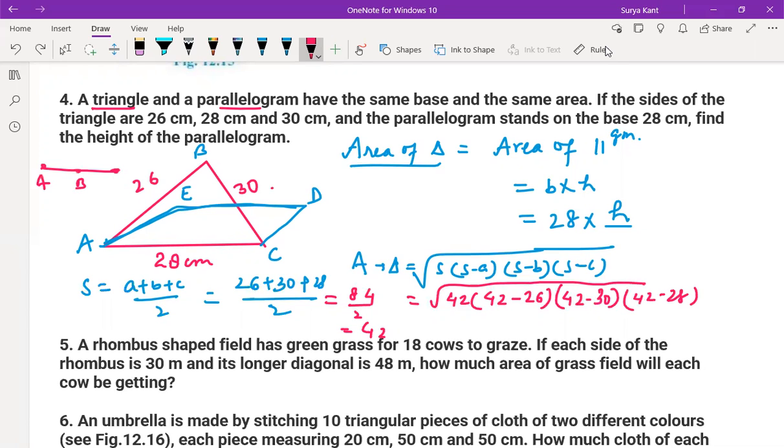Yeah, right. That is collinear points. You can say it is not a triangle. So here you can find the area, and then h is equal to the area divided by 28, and you'll get the height of the parallelogram. So this you can write as a hint if you want.